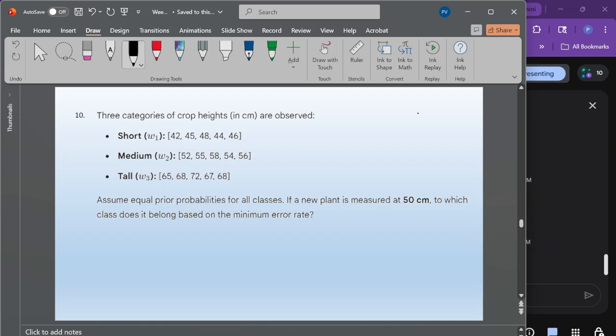The question is: assume equal prior probabilities for all classes. If a new plant is measured at 50 centimeters, to which class does it belong based on the minimum error rate? So does anyone have any idea how we can solve this question?